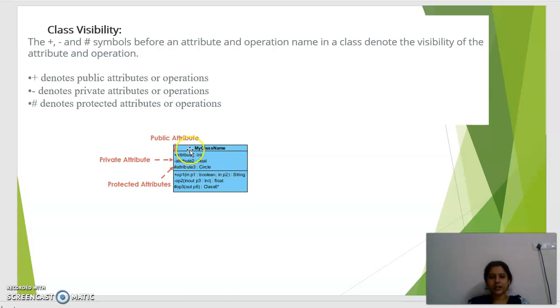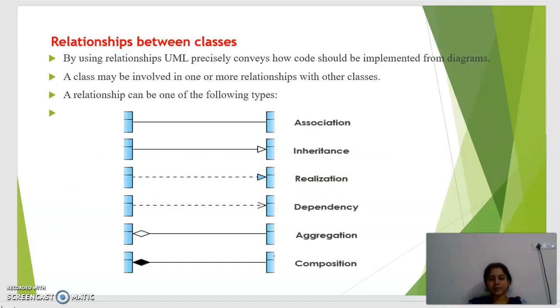Minus means only this class's operations or methods can use these attributes, or the operation is specified only in this class, so other classes cannot use it. Hash denotes protected attributes. Here protected means some of the outside classes which are allowed in the protected mode can use this, otherwise they cannot use it. So these are the class visibility operators.